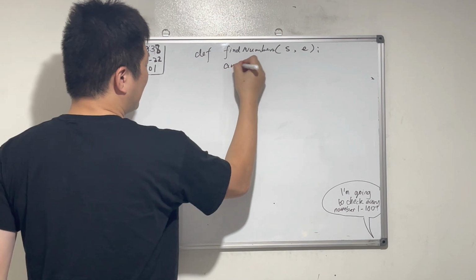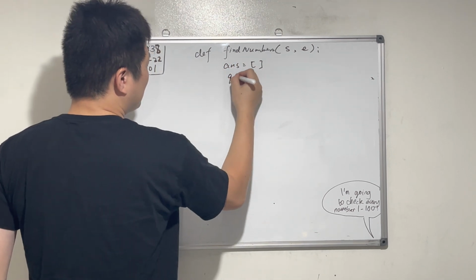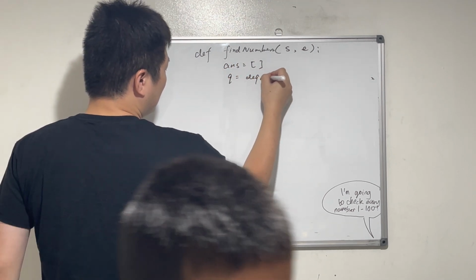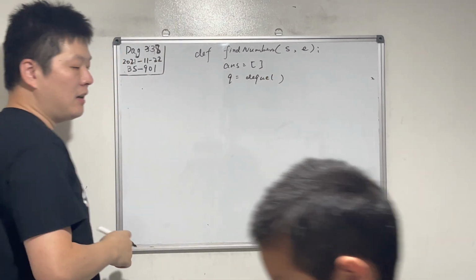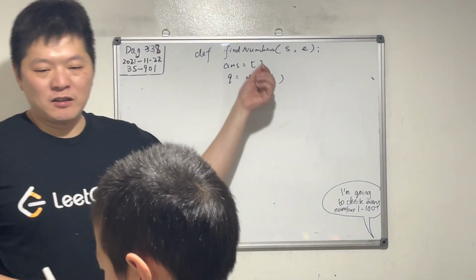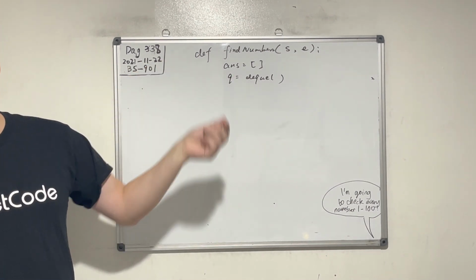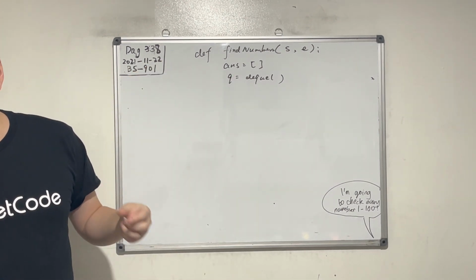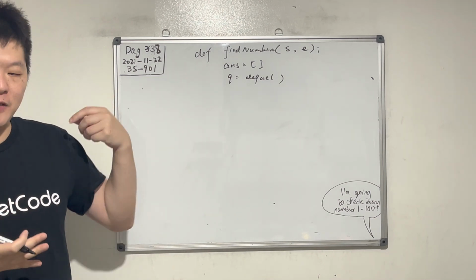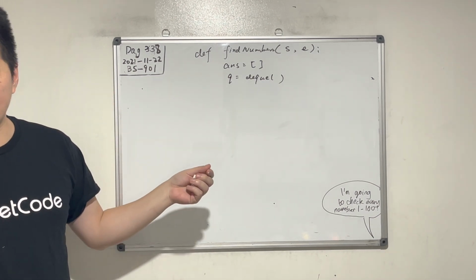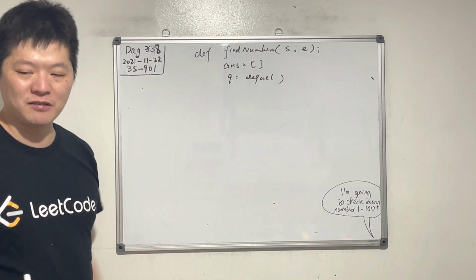Let's say answer is a list. Q is a DQ. DQ offers constant time appending and popping on both sides. If we're using a list, pop left, pop 0, is linear, it's not constant. That's why we use the DQ, by the way.